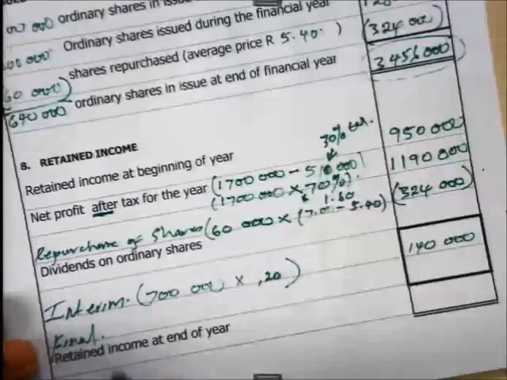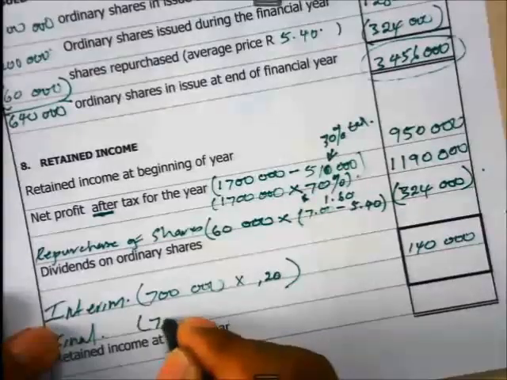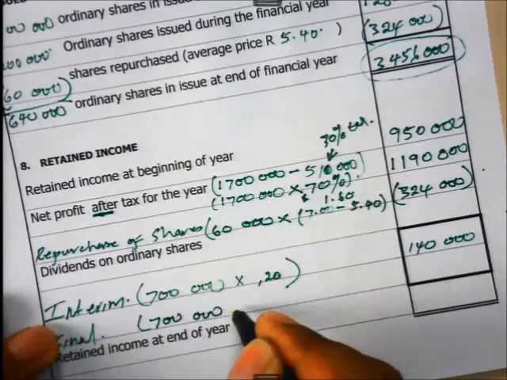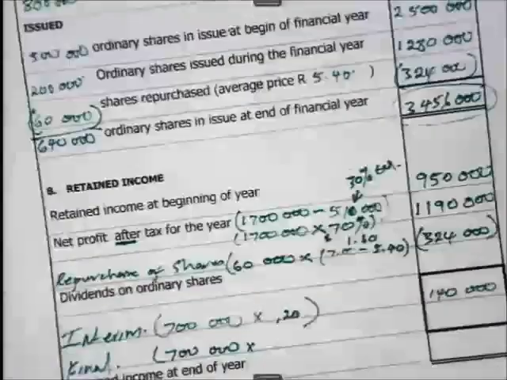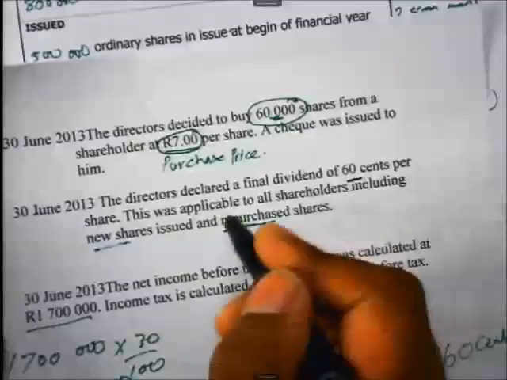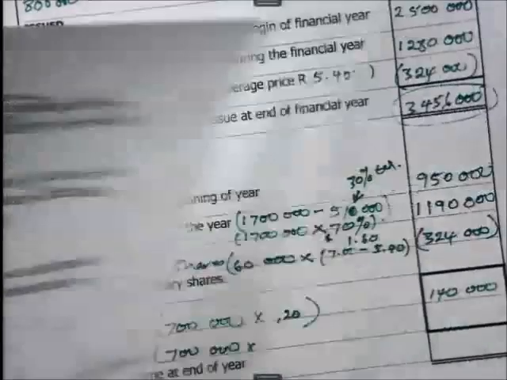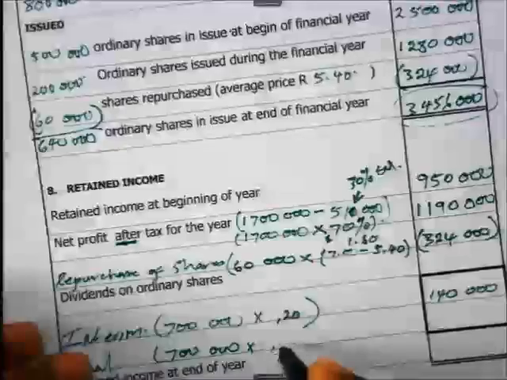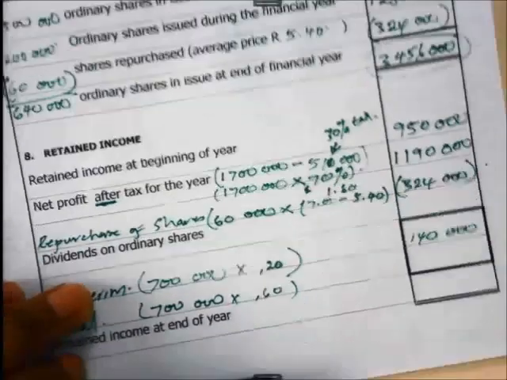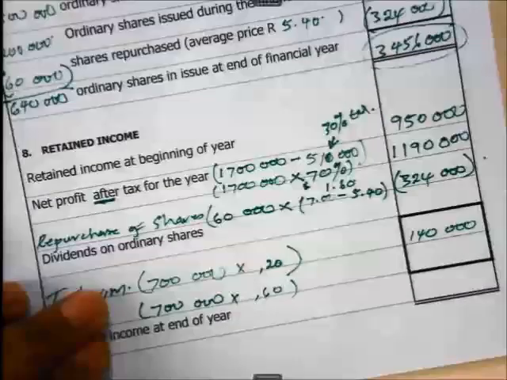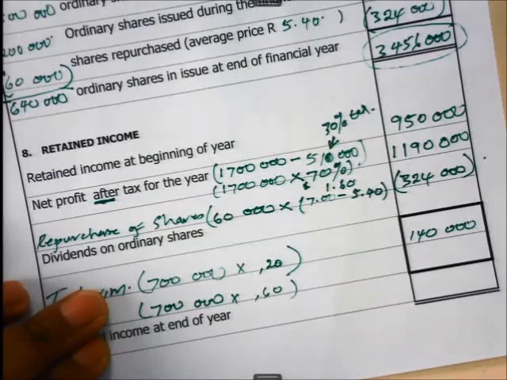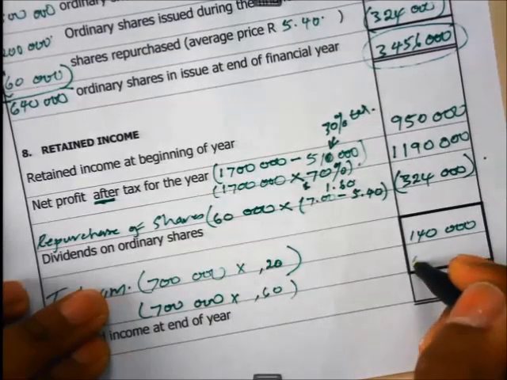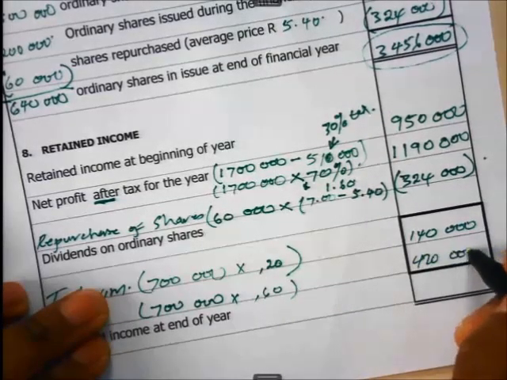For the final dividend, 700,000 multiplied by 60 cents gives us 420,000.